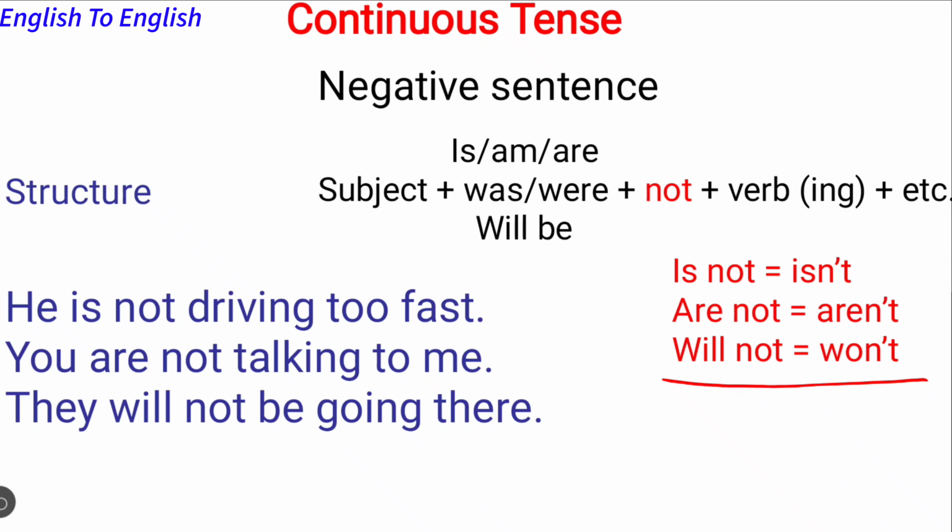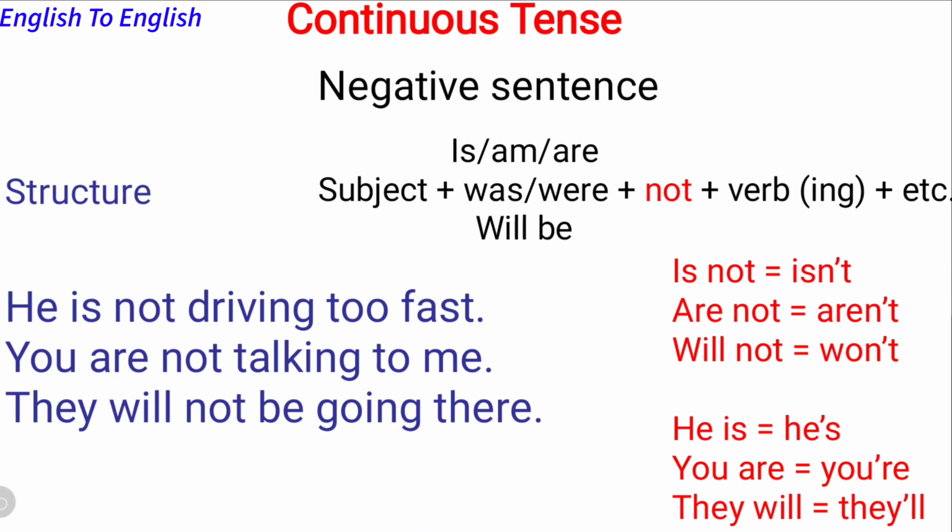Okay, one more thing that we can contract: he is as he's, you are as you're, they will as they'll. So you can see I have put here as well. So whatever you prefer you can choose here, like he isn't or he's not, they will not, they won't, or they'll not.